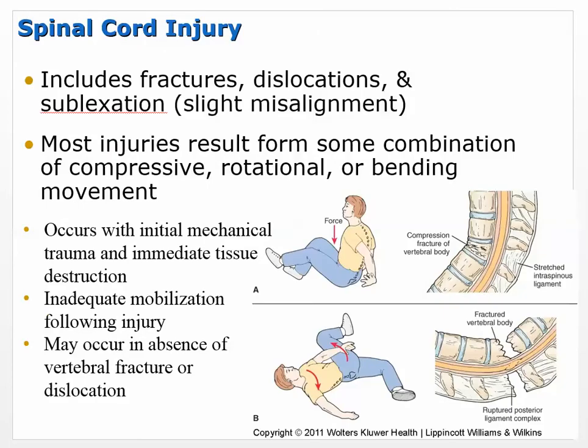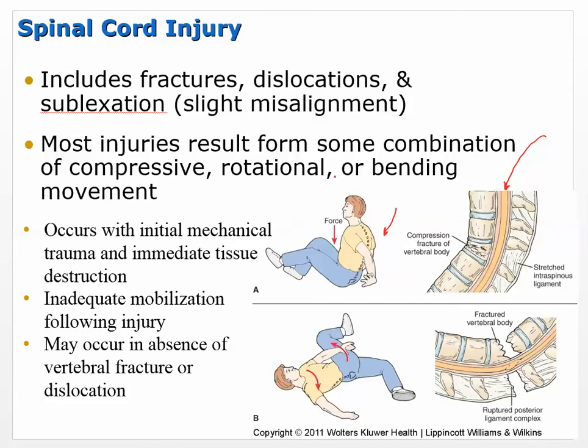Okay, so spinal cord injuries can include fractures, dislocations, subluxation, which is a slight misalignment. So really anything that you can sort of imagine that can lead to or allow damage to happen to the spinal cord. Okay, so most injuries result from some combination of compressive, which means you get hit really hard on the head, or fall, which is what happened to this poor guy.